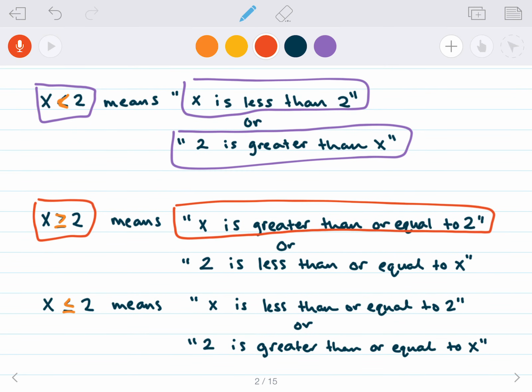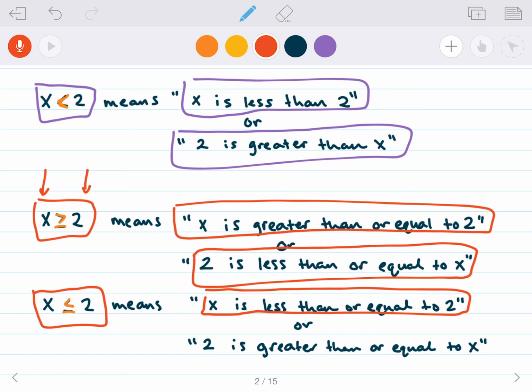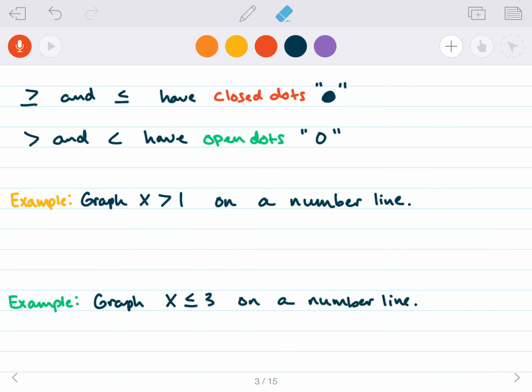If you read it from right to left, you would say 2 is less than or equal to x because the point is facing the 2. And finally, x is less than or equal to 2. Since the point is facing x, it's x is less than or equal to 2, reading from left to right. Reading from right to left, 2 is greater than or equal to x.